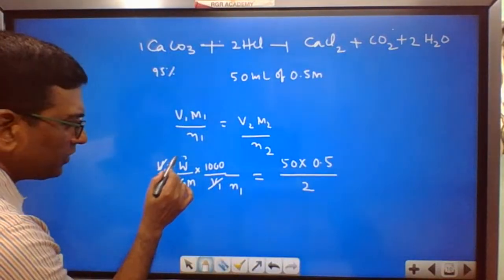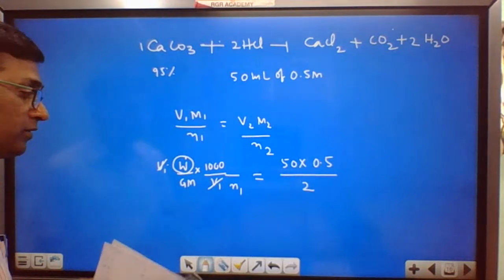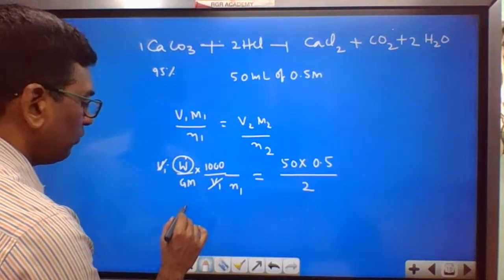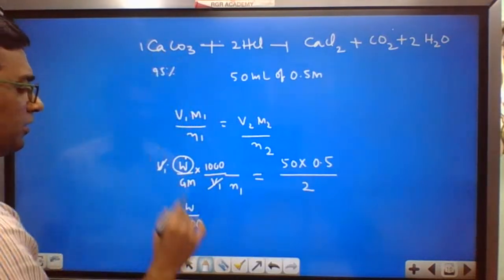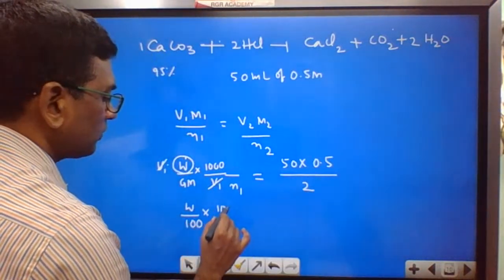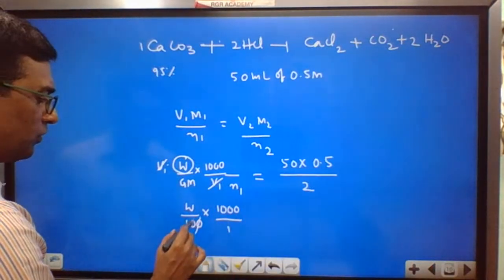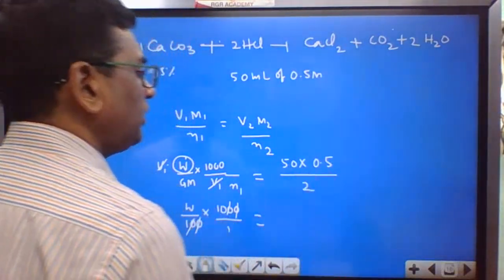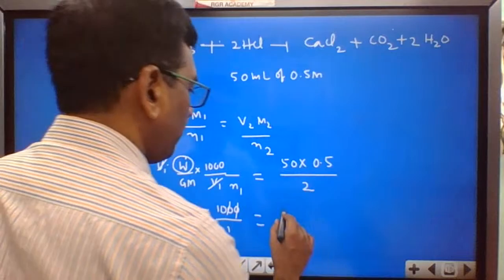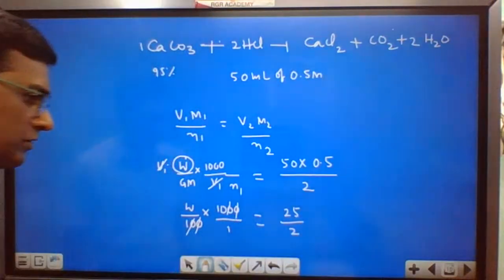We have to find this weight assuming 100% pure. So W divided by the molecular mass of calcium carbonate, 100, into 1000, with n equal to 1. Zero cancels, zero cancels, 50 into 0.5 is 25. 25 divided by 2, that is millimoles.